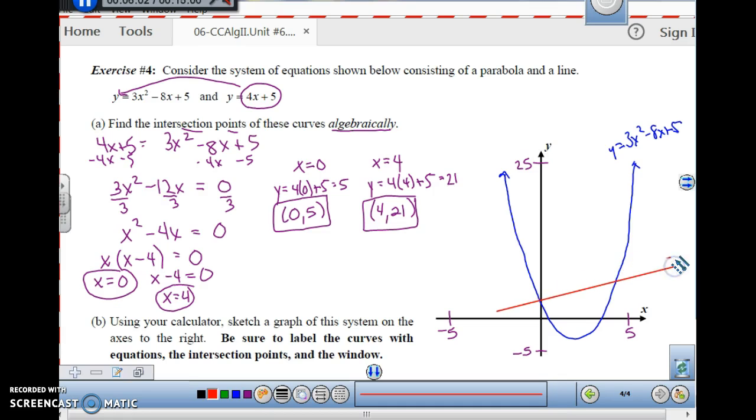There's my line. And my intersection points were at 0, 5, which is this point right here. And my other point was at 4, 21. And there are my 2 points of intersection. Remember, this was the line y equals 4x plus 5. So I can see I did it algebraically, verified it on my calculator using either the table or the intersect command.